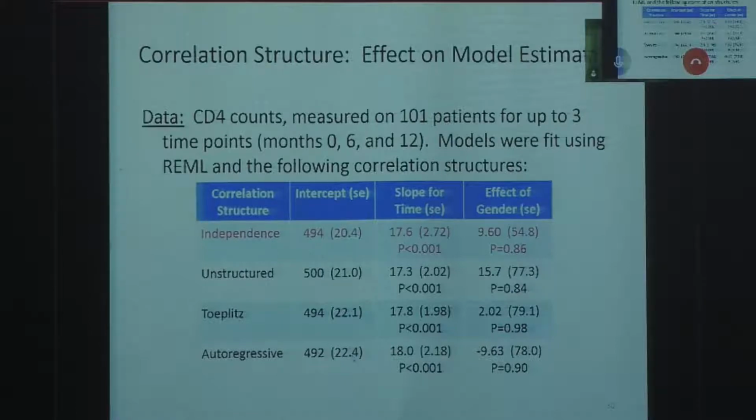The standard errors for the intercepts are virtually the same. The effect of time is somewhere between 17 and 18 per month, an increase in CD4 count of 17 to 18. It really didn't matter. The only place where it mattered is in the standard error for the slope.